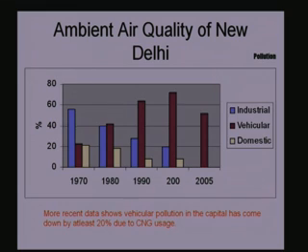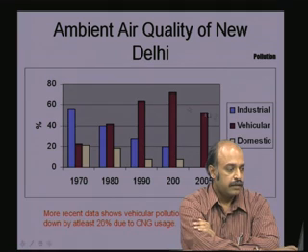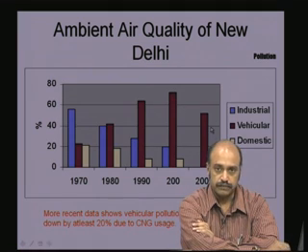This is a typical graph of New Delhi, which I have taken from some internet bibliography. There is a drop here. You see, after Delhi introduced CNG, made compulsory, mandatory for public vehicles, there has been a significant drop in pollution.